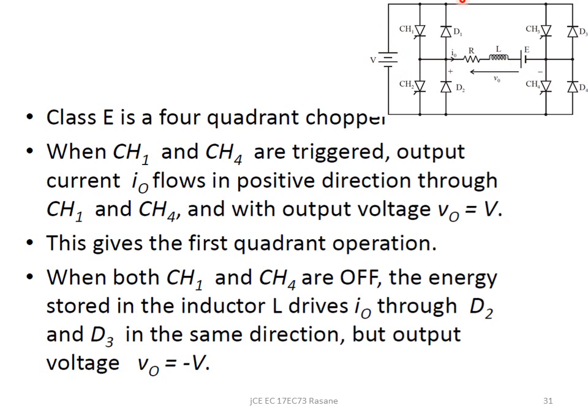So you can see D3 gets connected here. So positive gets connected this side, negative gets connected this side, and output is now going to be negative. So this is how we control the output voltage to be positive as well as negative, but the current is always going to be positive.